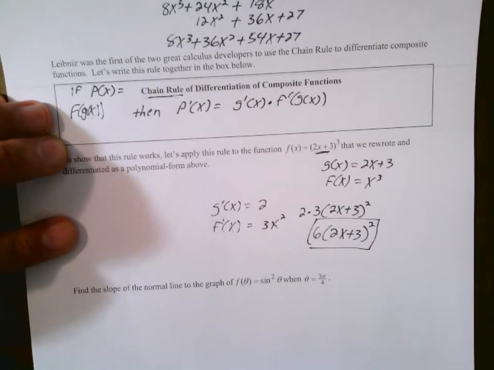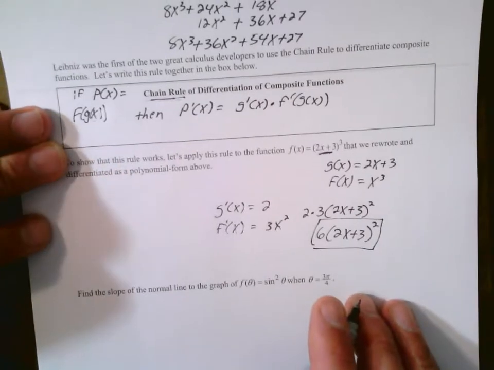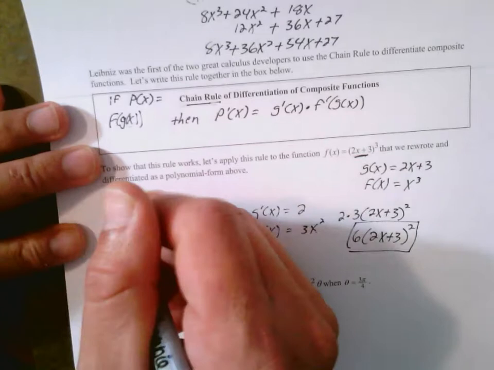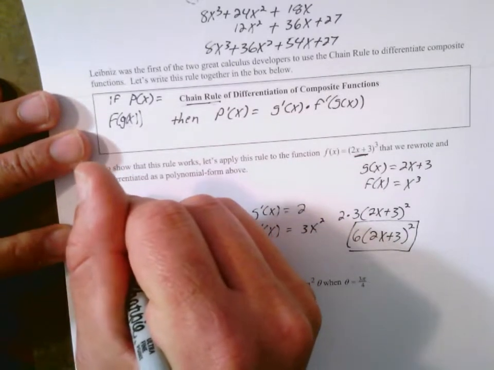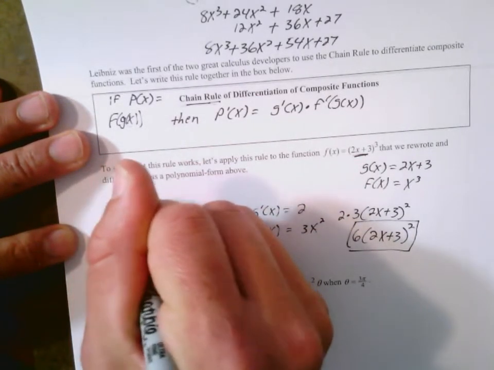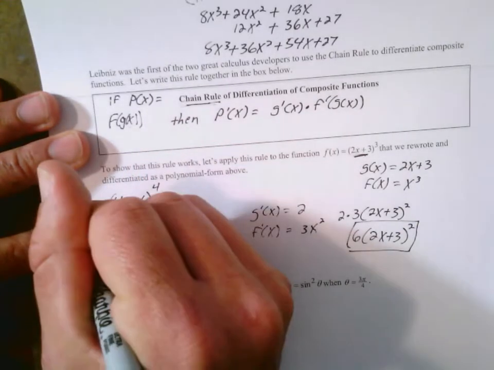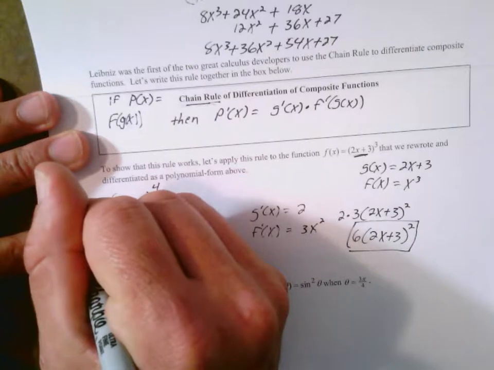Alright, before I move down to another example, let me show you another easy function. Let's go 4x plus 6 to the fourth. Let's call this h of x.